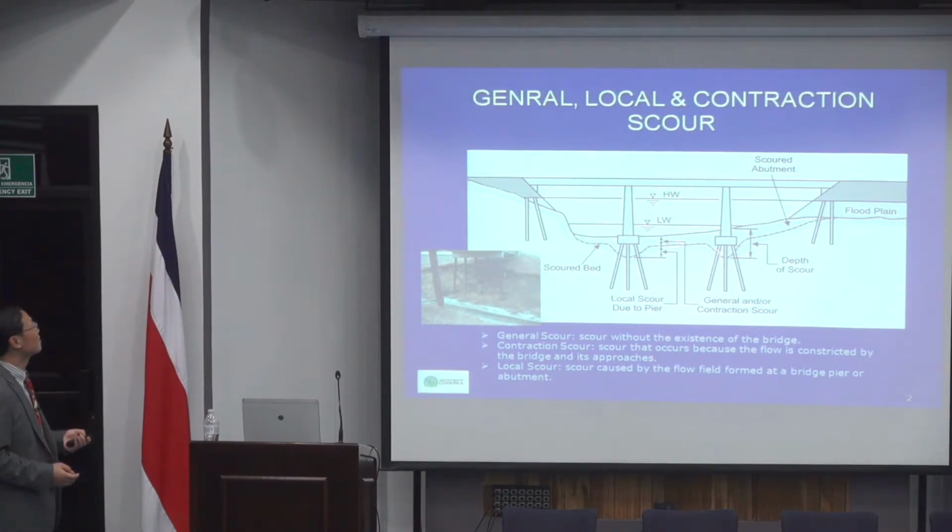And that scour is called contraction scour. That means because you have smaller sections. And then there's another scour, called local scour. Local scour is because at certain locations the water flow is restricted, so it can have strange directions and velocities, so that will produce an additional local scour.